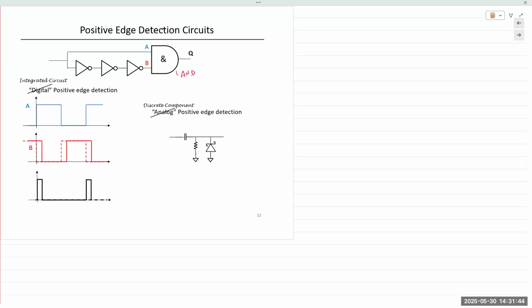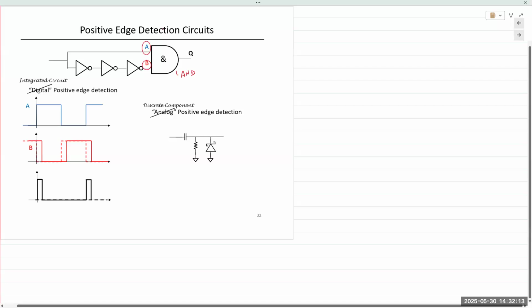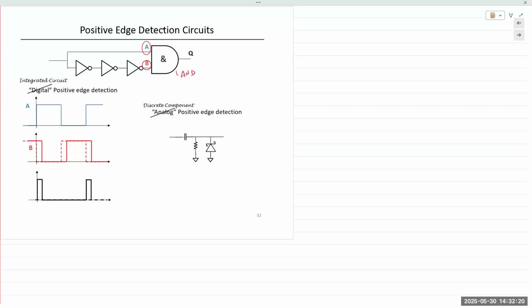So if you take an input signal, give it to one input of the AND gate, and you take the same signal, invert it, and send it via 2, 3, 4, 5, or even more gates, then you're inserting a delay in that signal. So the same signal now arrives inverted and delayed, fed into the input of an AND gate.